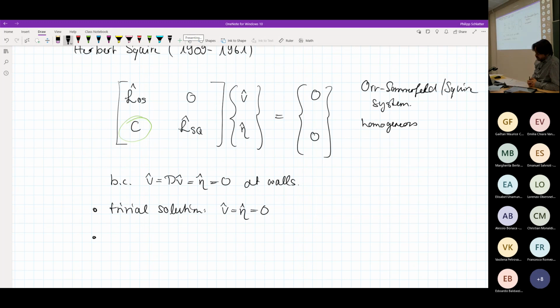But more interesting solutions would come out when I'm actually considering the situation where the determinant of this matrix, so L_OS, 0, C, L_Sq, where this determinant would be 0. And of course, that's exactly then an eigenvalue problem.